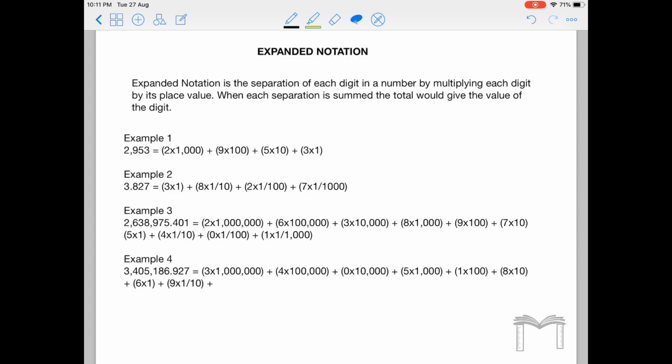And once we sum this, we will get our original figure, 3,405,186.927.